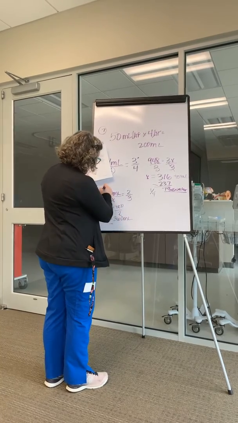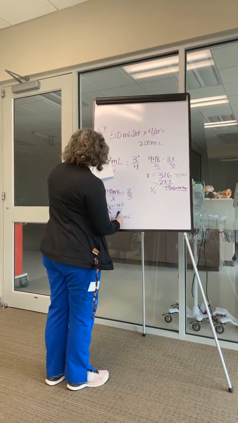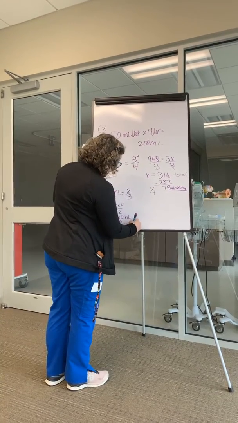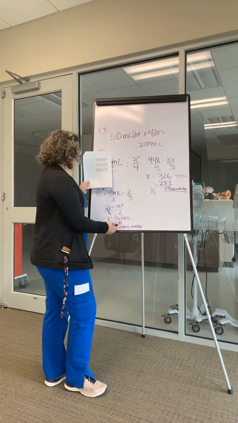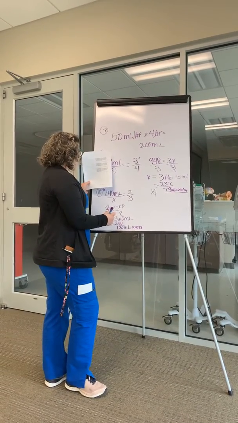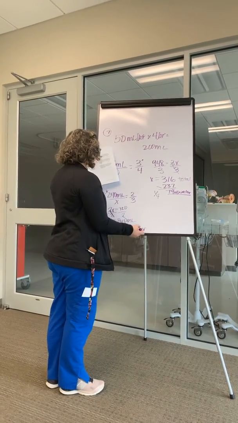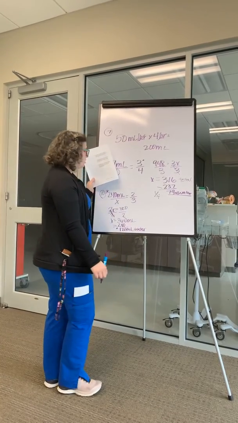So then minus your can, 240 again, and you come out with 120 milliliters of water. And that is what the nurse added back to their full strength can to make it a 2/3 strength. So that is the answer, 120 milliliters.